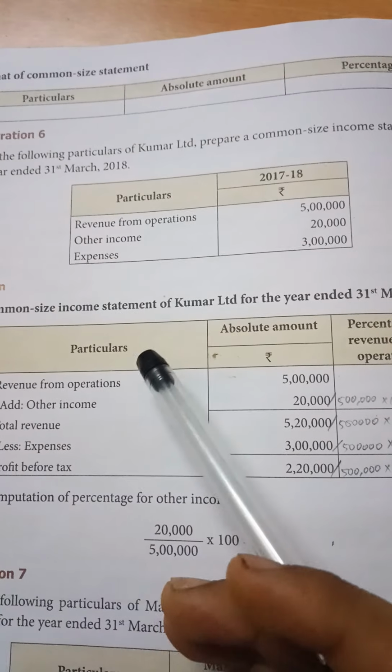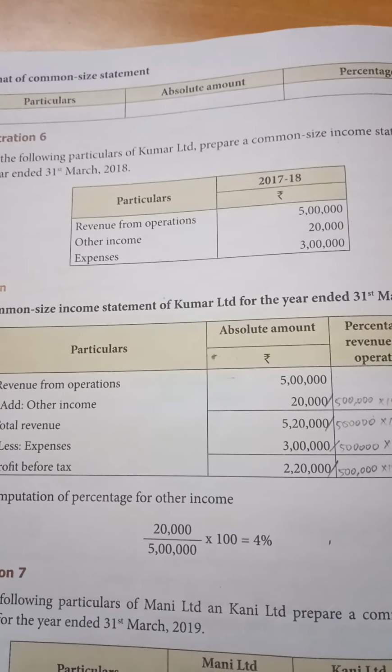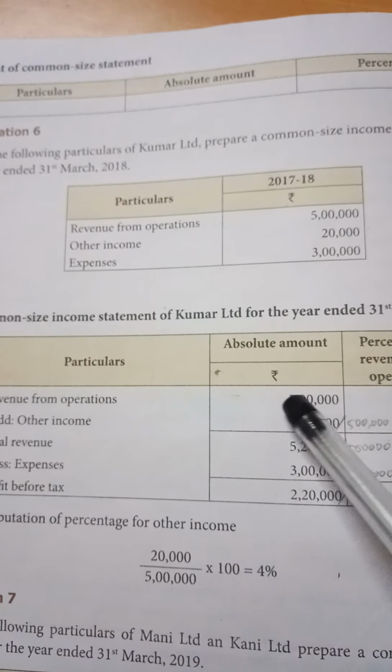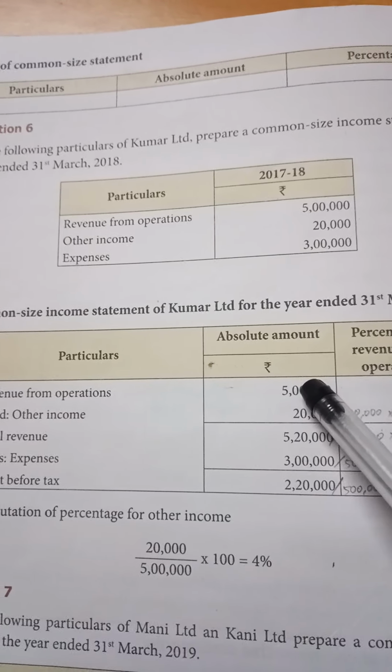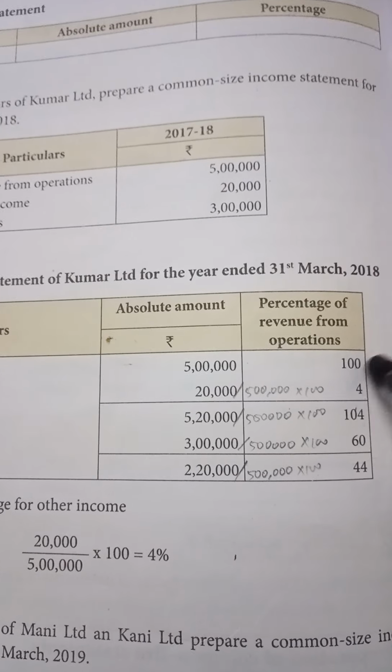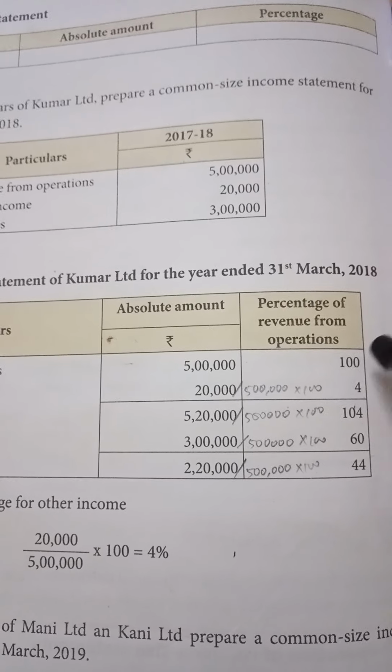Anyway, it's going to be the same, so you can have one among that as your base. Now this is your revenue from operations amount, that is rupees 5 lakhs. So here your percentage will be 100 because your base is going to be 100, right?